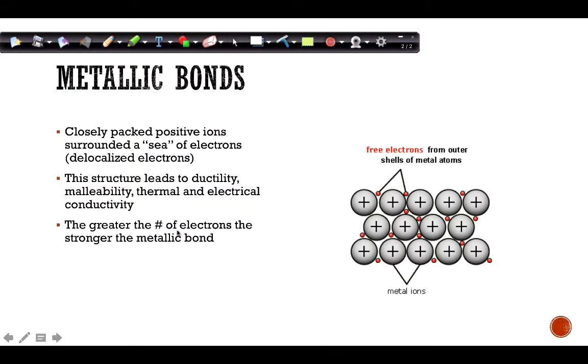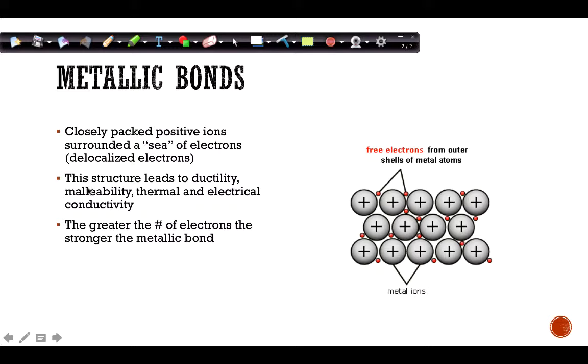All right, so a metallic bond is when we have multiple atoms, and basically all of these atoms are sharing electrons. So we actually have some positive charges, and then these electrons are just kind of moving all amongst the atoms. So it's called an electron sea, or really it's delocalized electrons because they're moving amongst all the atoms.